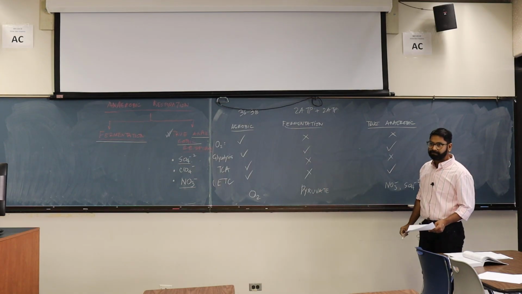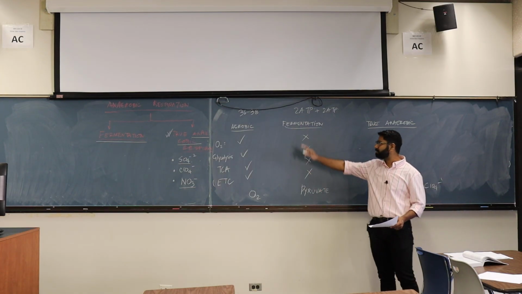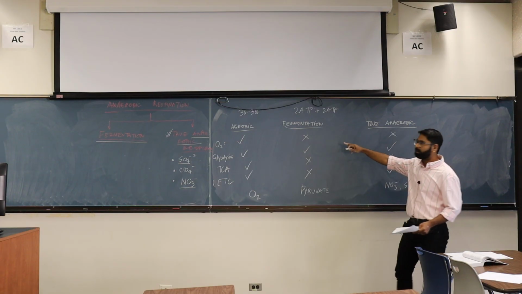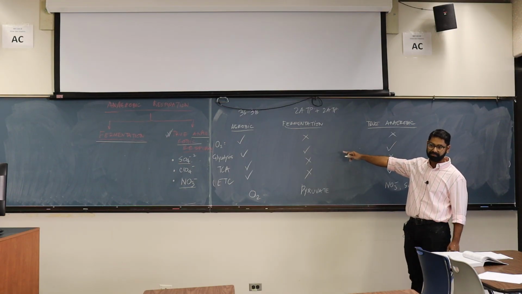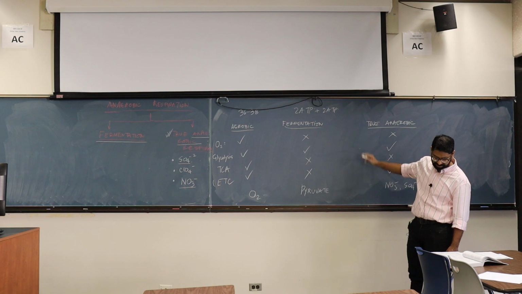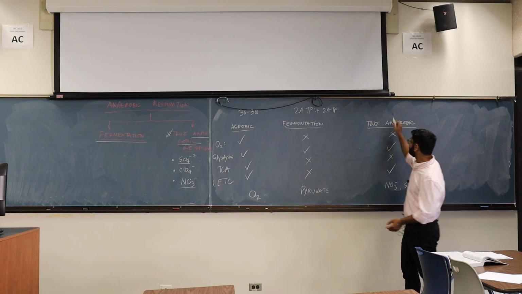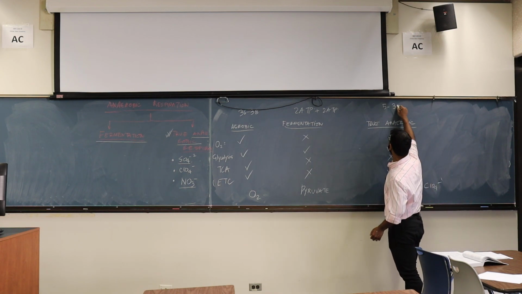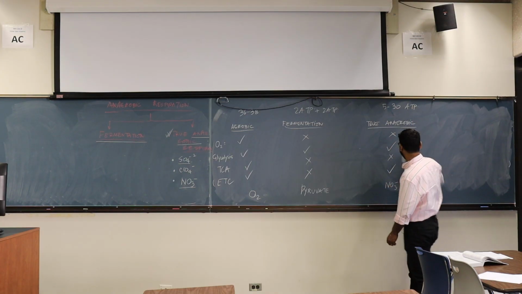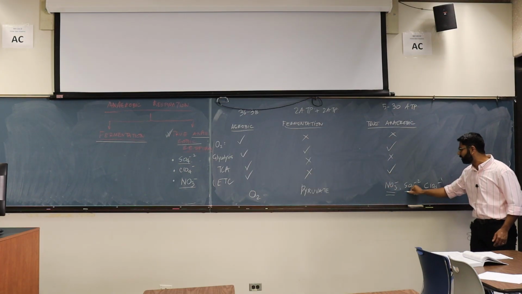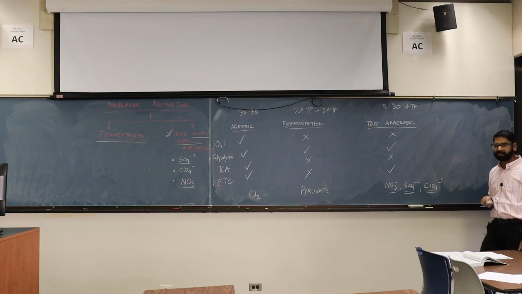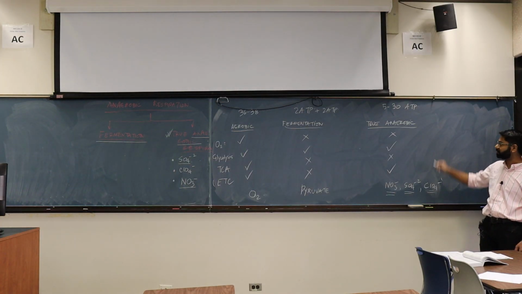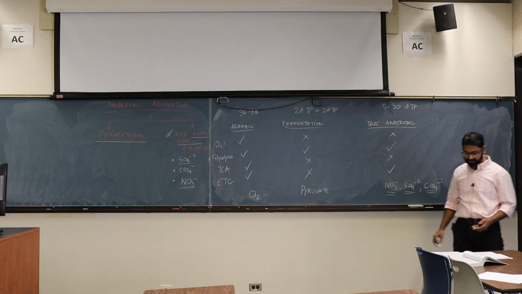And true anaerobic, it is less than the aerobic, but more than the fermentation. But anywhere in the range of 5 to 30 ATP. It depends on how good these electron acceptors are. If you have a very good electron acceptor, then you get more ATPs.